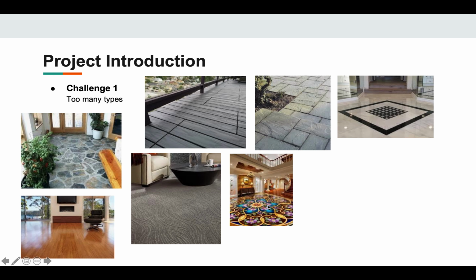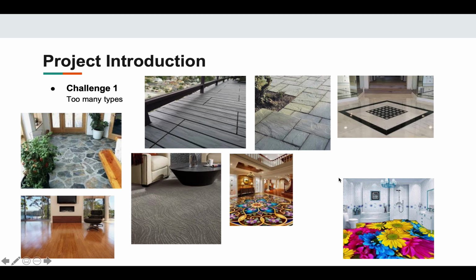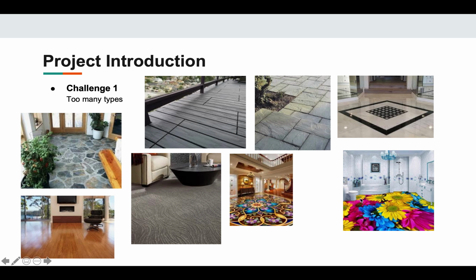You can see there is a big flower or pattern on the floor. Personally, I don't like to live in such a room, but obviously this kind of floor exists in the world. This is a challenging one for the project.